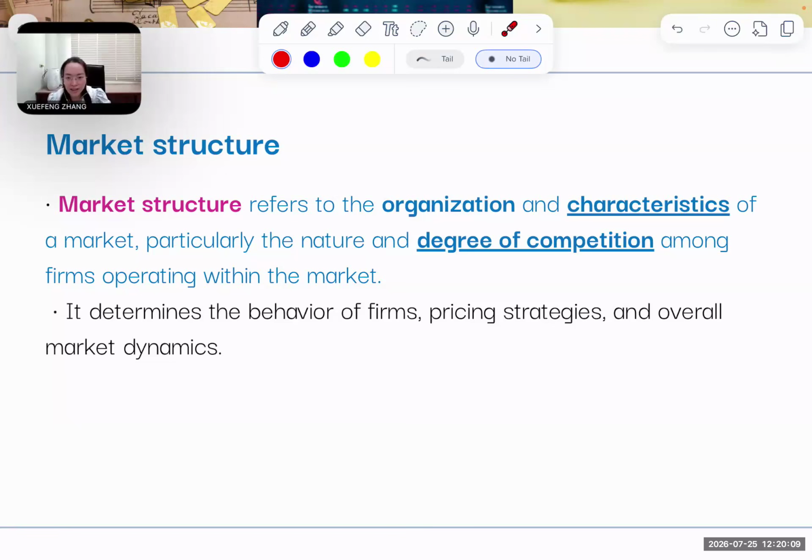Lots of competitors, a firm can't overcharge customers or they leave. Almost no competitors, a firm can set the price however it wants because you have nowhere else to go. So from here, we are going to walk through the spectrum, from the most competitive market structure all the way to the least, and see how price power changes at each stop.